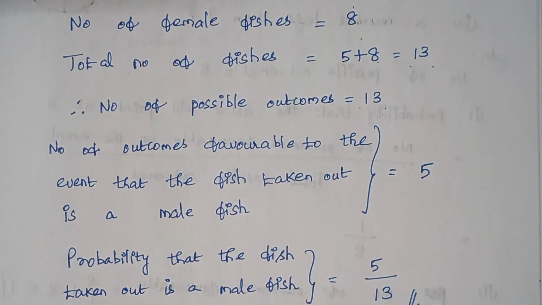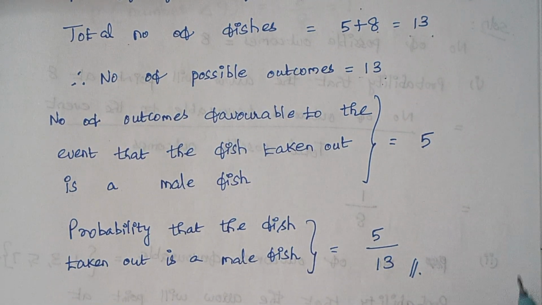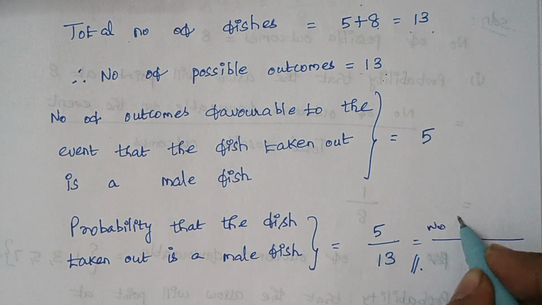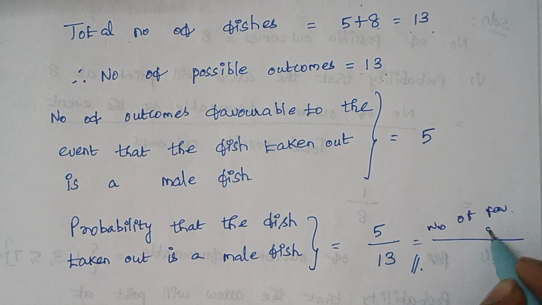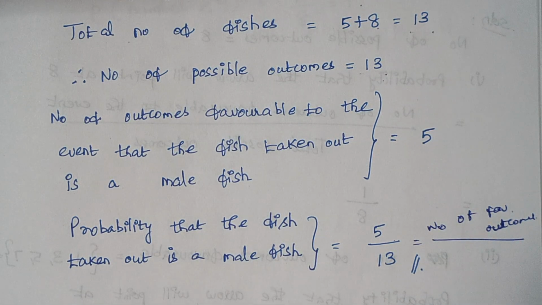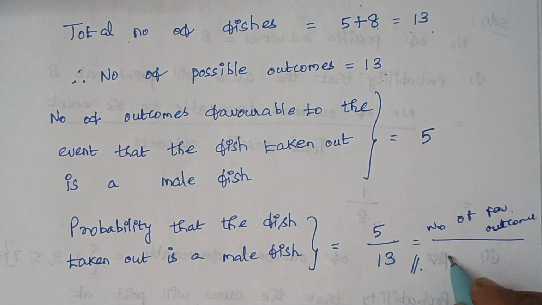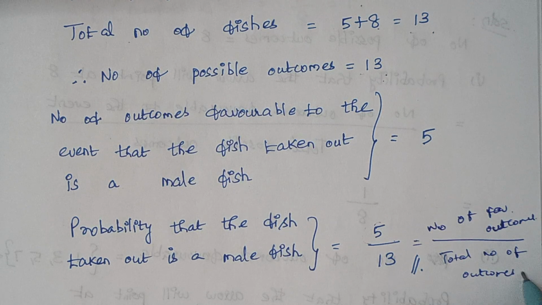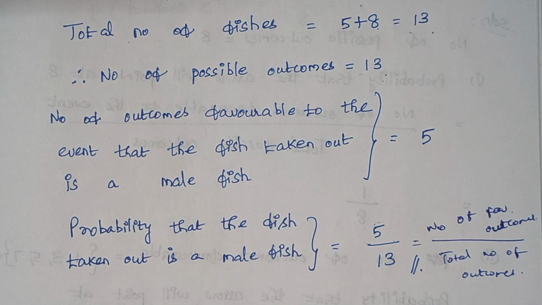The probability of selecting the male fish is the number of favorable outcomes, which means we have to select a male fish. How many male fish do we have? We have 5. And 13 is the total number of outcomes, which is the total number of fishes in the fish tank. So the answer is 5 by 13. Right?